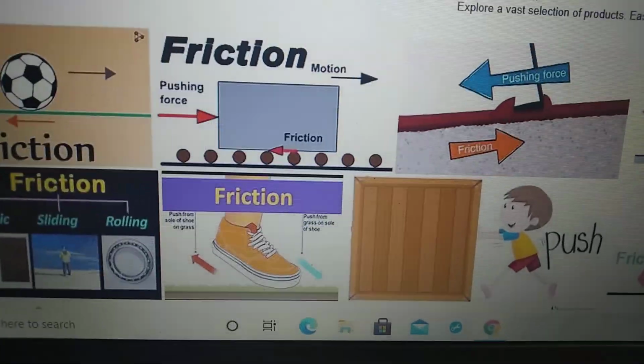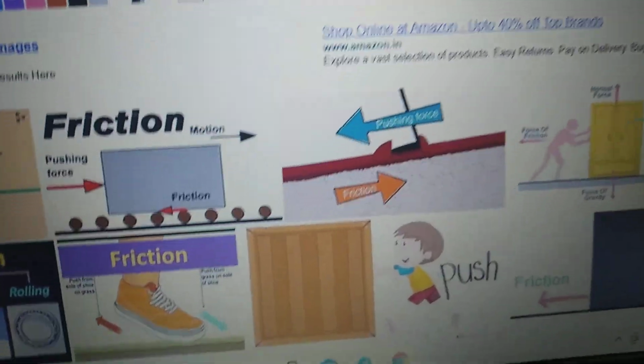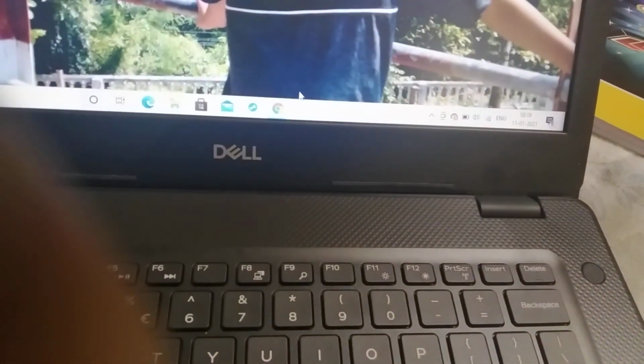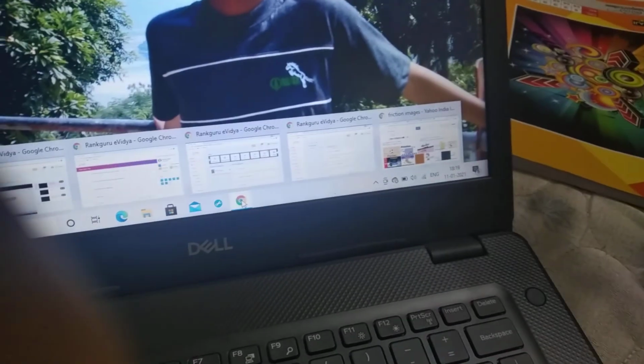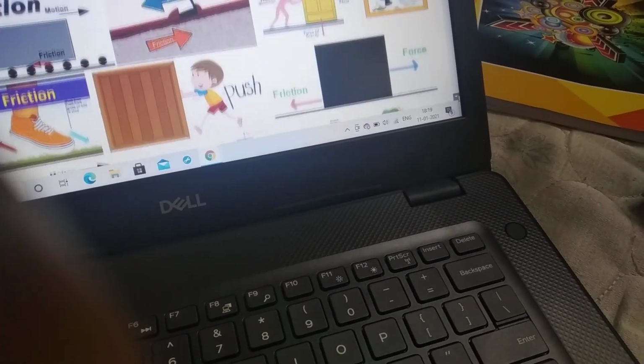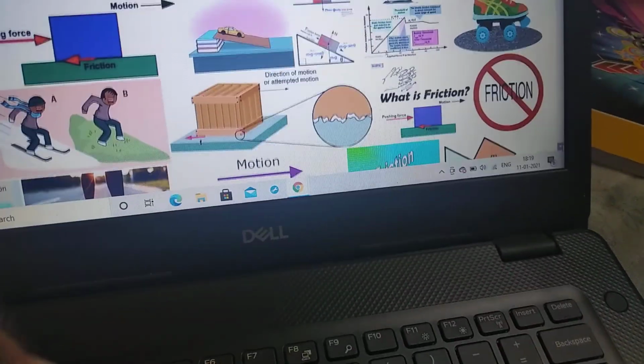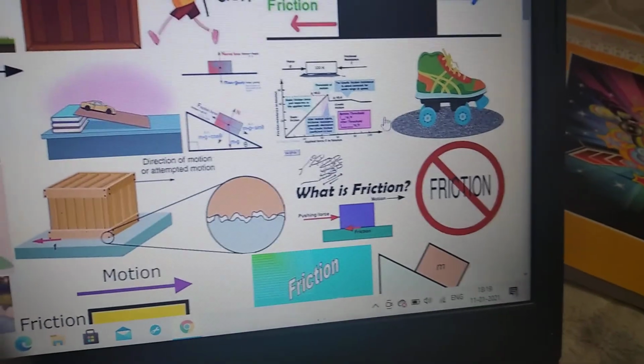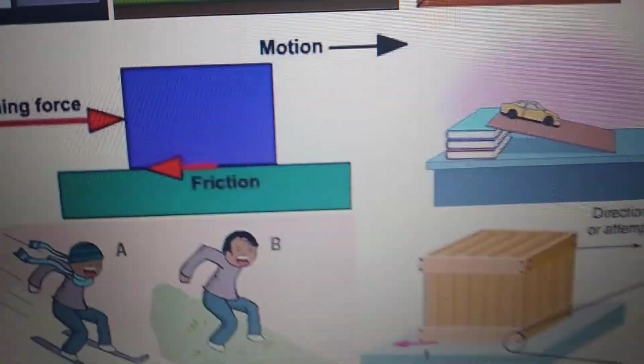See here, I will show you some images based on friction. Skating also is friction only.